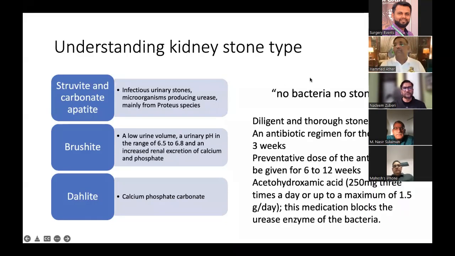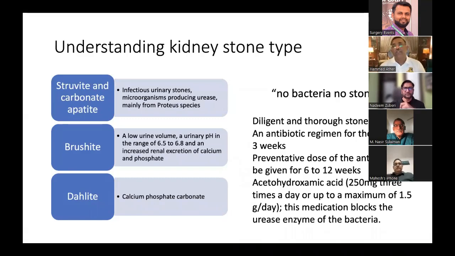And the mantra for treatment of infection stones is that you have to completely clear all the stone, and any leftover stone fragment forms a nidus. So this is something that the patients are always worried about, and we also want to take care of this, that the stone clearance should be complete.